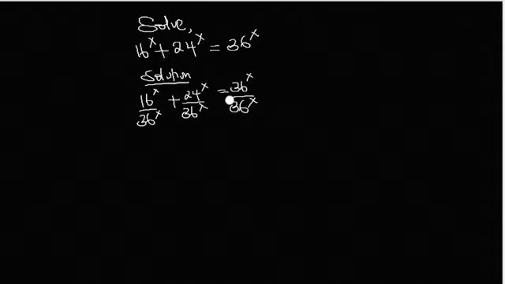And of course, if we do that, we will end up with 16 to the power of x over 36 to the power of x plus 24 to the power of x over 36 to the power of x, and that will be equal to 1.